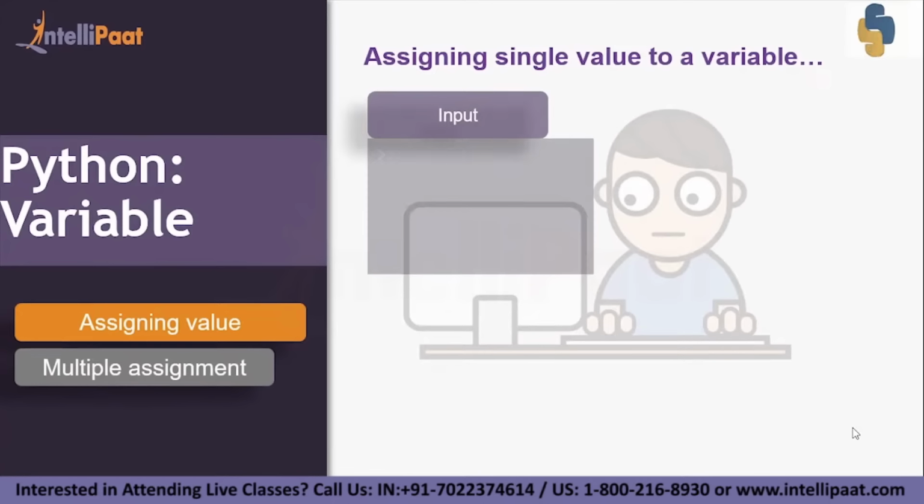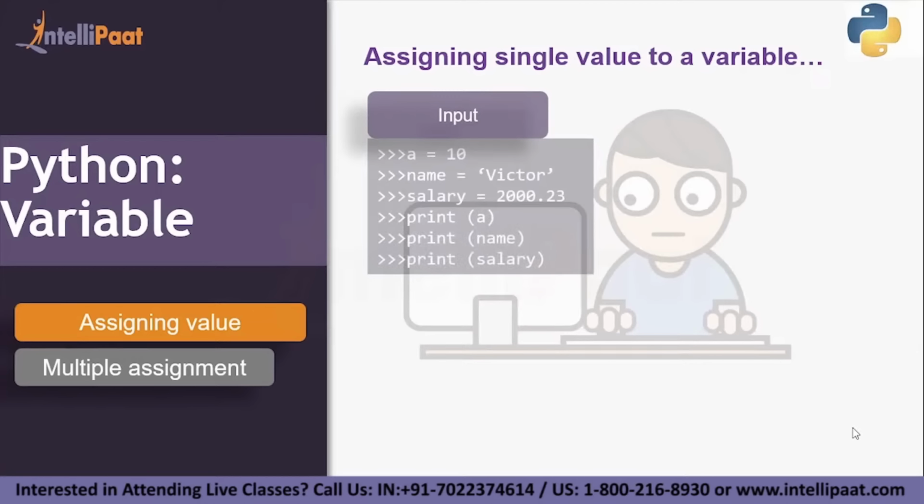You know what? Unlike Java or C++, you don't have to add any data type for a variable. Just specify the name of the variable, for example, a equal 10. Depending on your data, Python will automatically detect the data type of your variable, which in this case is integer. Alright, let's see another example. Suppose we have name as Victor.